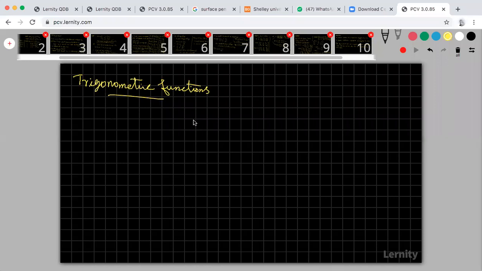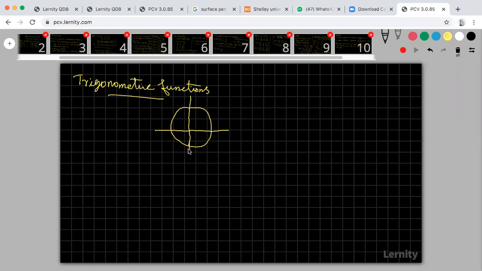First of all, consider a unit circle. Unit circle means the radius is 1. Some students think it means the arc length is 1, but not like that. The radius is 1.